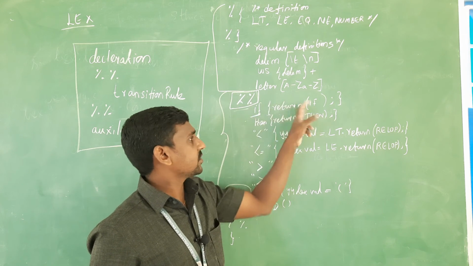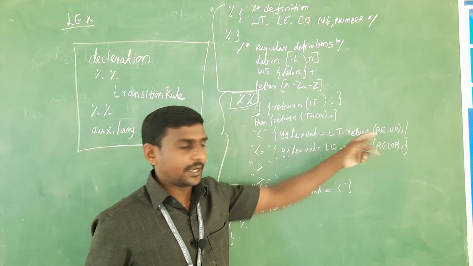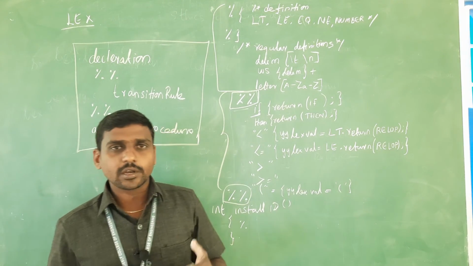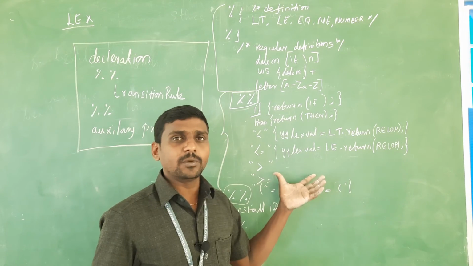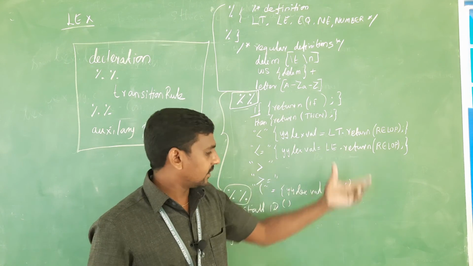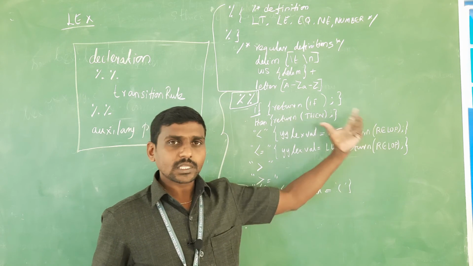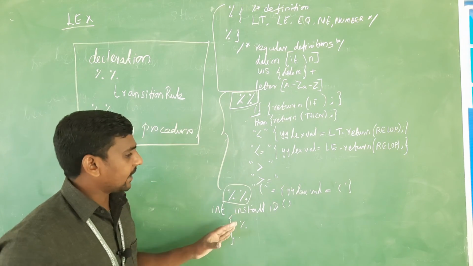Pattern, action. Equal to is a relational operator, less than is a relational operator. Whatever the things you are going to write in a program, everything should be performed by the transition rule, pattern, action. The action is done by the auxiliary procedure, that is a C program, and it returns the value there. This is an example.